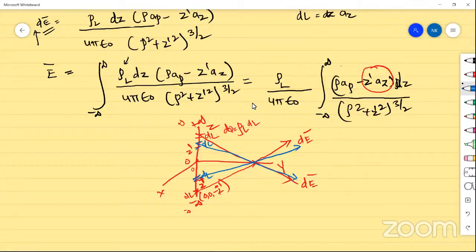Like that, for each and every length we'll have electric field components like this. But suppose I consider this, it has a vertical component and a horizontal component, and I consider this, it has a vertical component and a horizontal component.